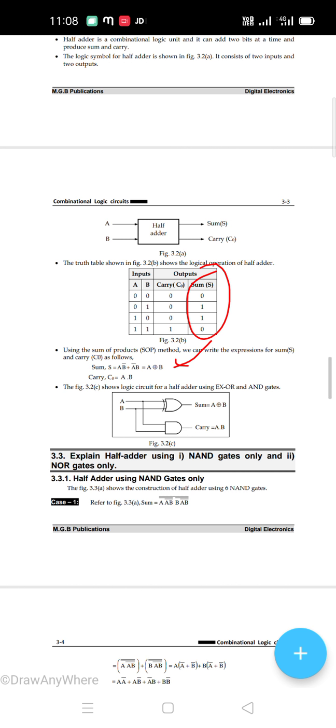From 0 1 1 0 we can write the expression: sum is equal to a into b bar plus a bar b.